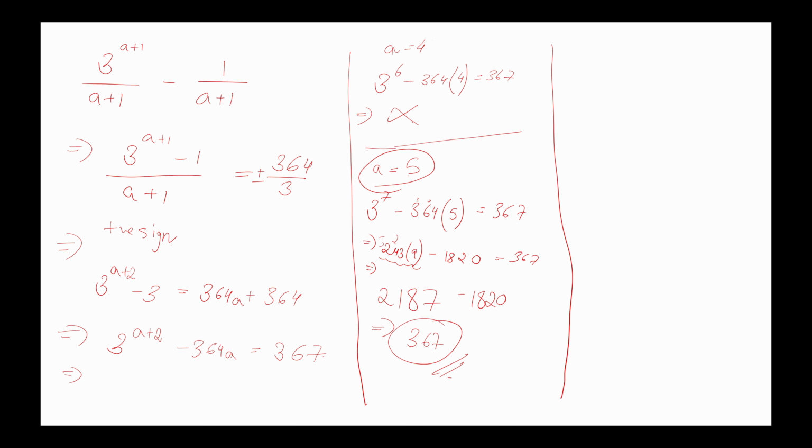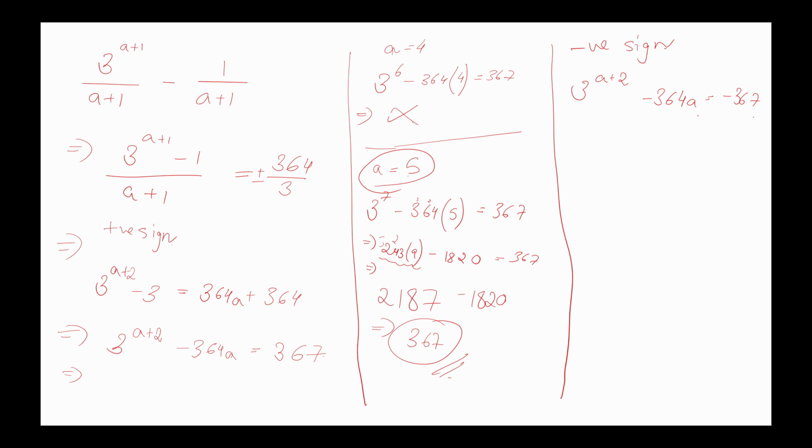Now what if I was to take the negative sign: 3 to the power a plus 2 minus 3, sorry, let us remove this directly, minus 364a equals minus 367. What are the values of a for which 3 to the power something would be less than 364 into that value of a?